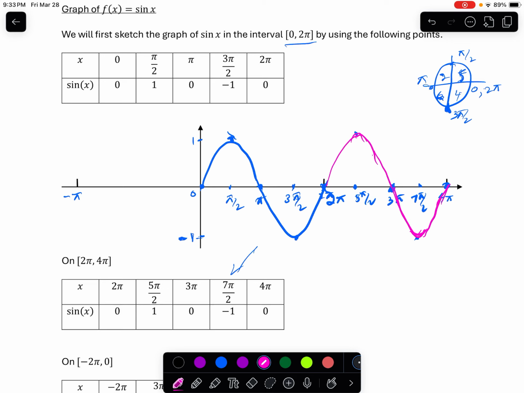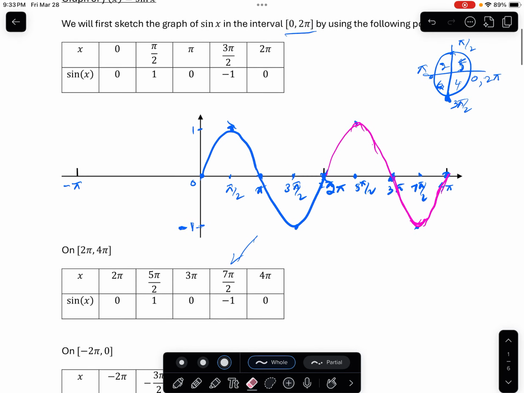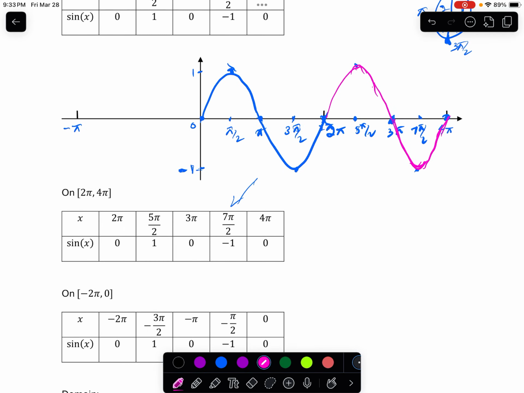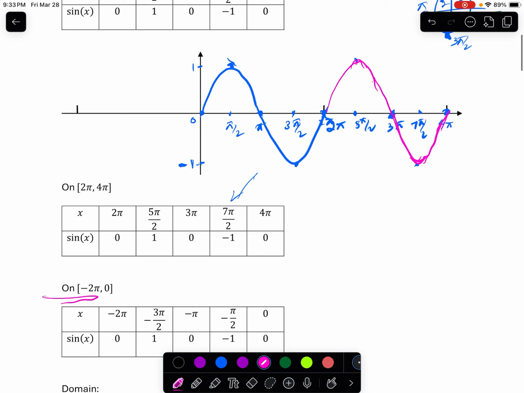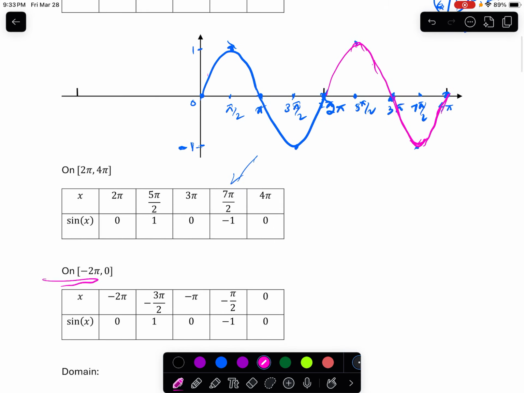Okay. Now we will try to draw it on the left. So on the left, we are looking at the interval -2 pi to 0. This is what we are looking at. This is just the same length as we have from 0 till here, which is 2 pi.